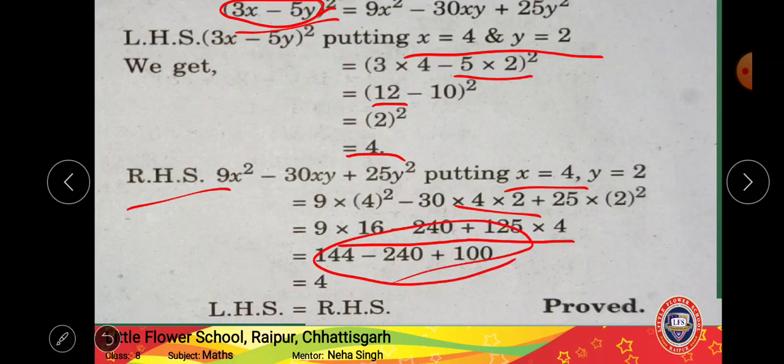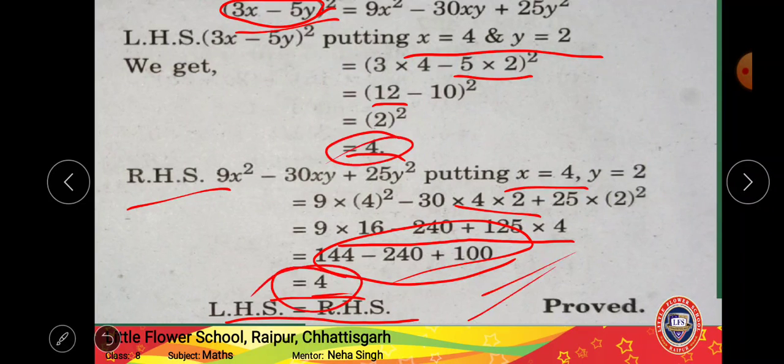After calculation, what is the answer? 4. We can see LHS is 4, RHS is 4, both are equal. Hence we have proved. It was asked to prove. Similar is the 9th question.